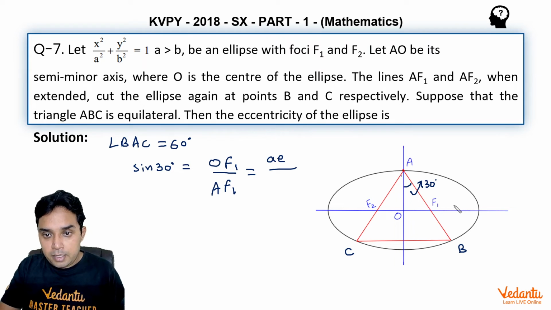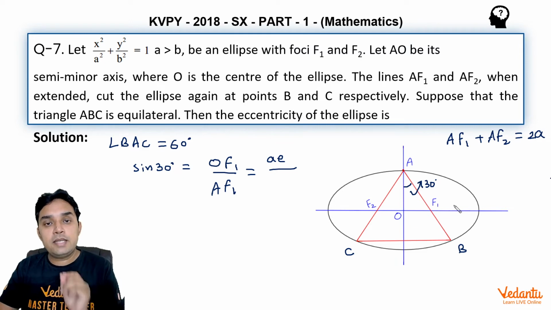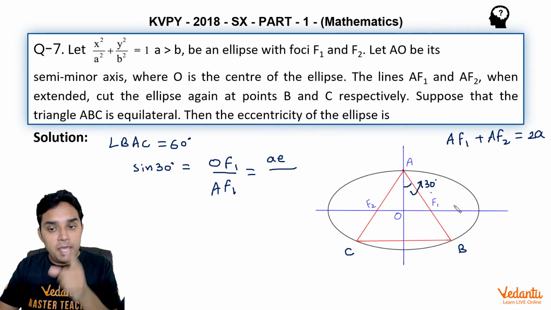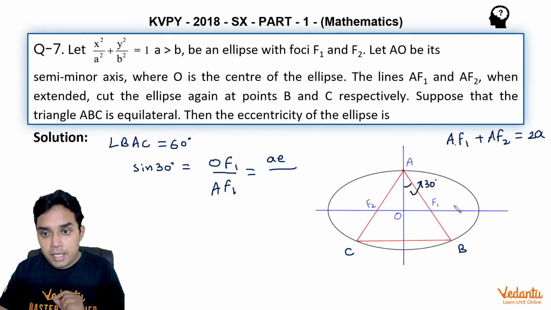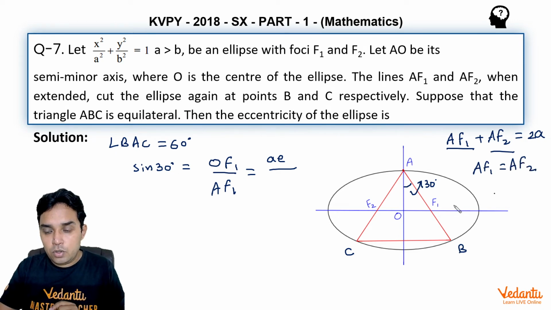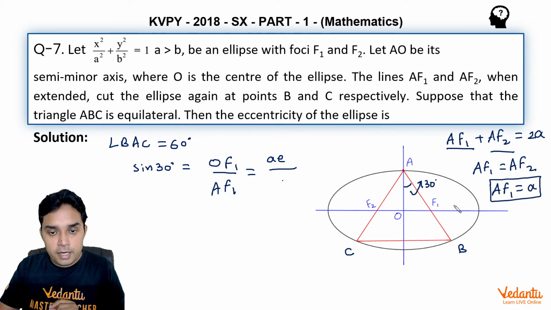If I take the sum of distance of A from focus 1 and from focus 2, we know this is a very standard property of ellipse, it has to be equal to 2A, that is length of major axis. And because A is on the semi-minor axis, AF1 and AF2 both will be equal. So AF1 or AF2 should both be equal to A only.